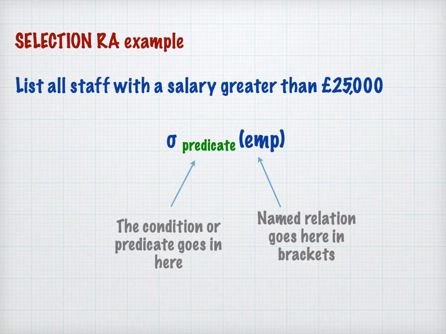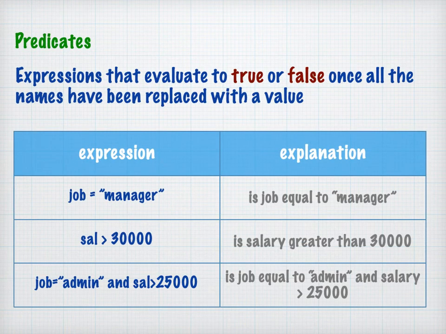Now the way that we can express conditions and predicates is pretty standardized in computing and maths, and it's basically something that can be evaluated to be true or false once the names have been replaced with a value. And the way that we do that is we use things like equals, greater than, less than, and more complex expressions can be built using and, or, and not.